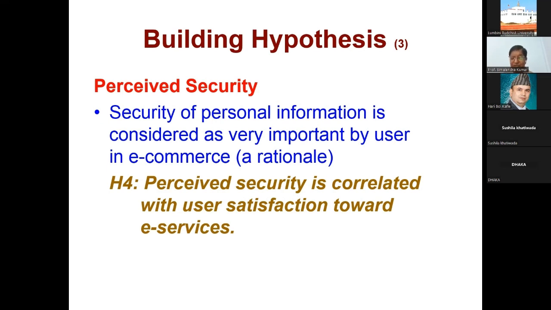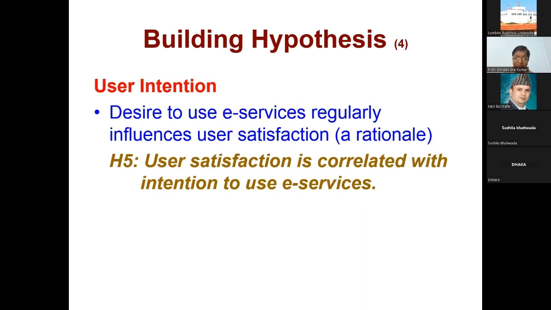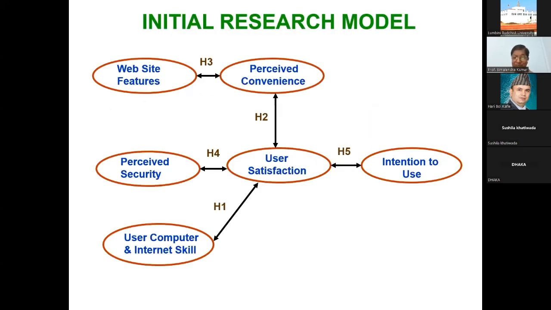Perceived security is correlated with user satisfaction towards e-services. Again, the desire to use e-services regularly influences user satisfaction. So user satisfaction is correlated with intentions to use e-services.